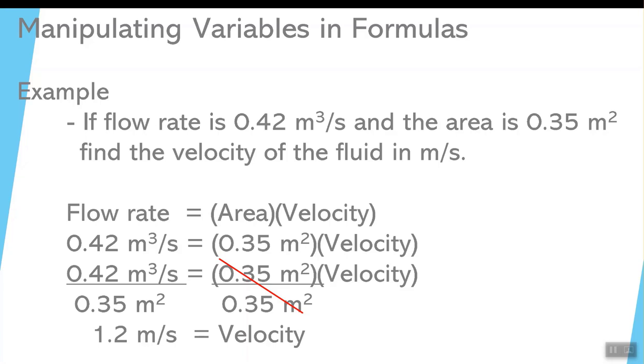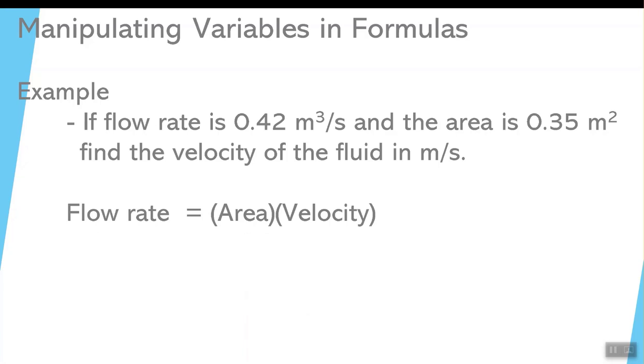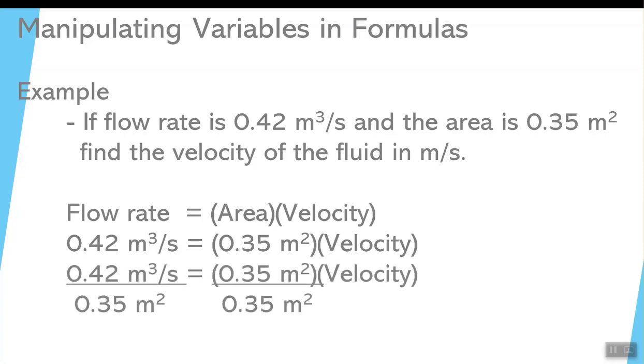Now, for people that have a good math background, plugging these numbers into this formula is relatively simple, and then moving it from one side of the equal sign to the other is also relatively simple. But those people that haven't done a lot of math recently, they make some really, really common errors. In this case, the most common error is when you go back to the beginning and they look at this formula and they plug the numbers in, and they see that velocity and they move the 0.35 to the other side, the most common mistake is that they will multiply 0.42 times 0.35, and they obviously get a wrong answer.